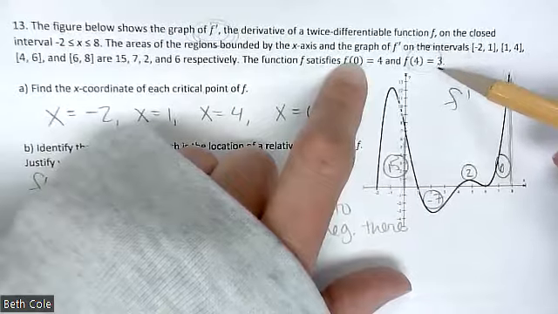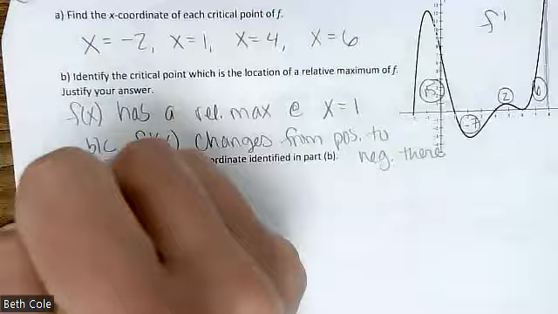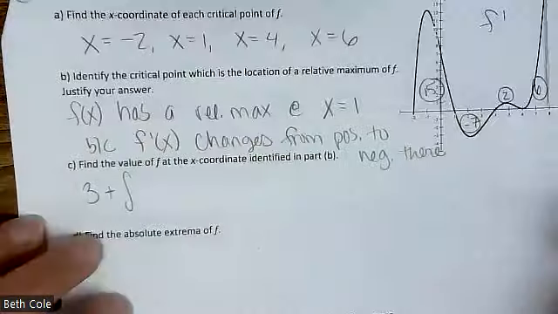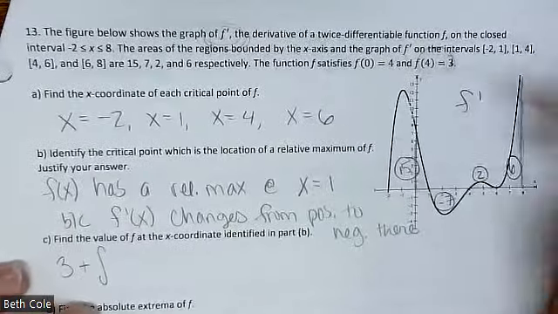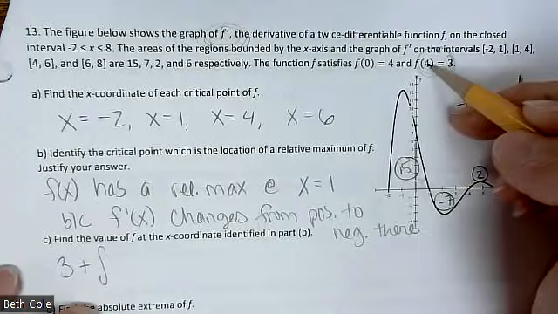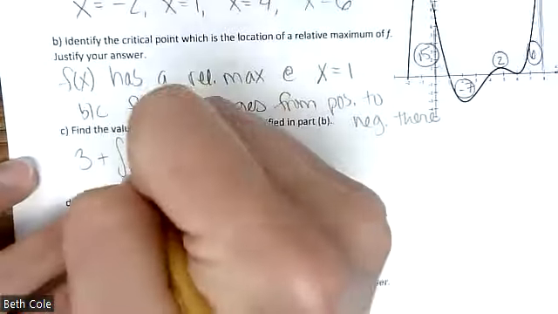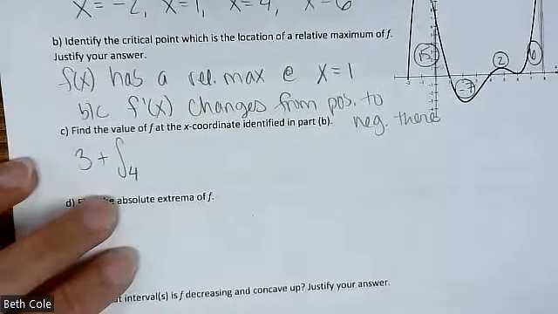So my initial condition is 3. It's going to be 3 plus the integral from 4, which is where it's starting. Are you guys seeing what I'm pointing at there? All right. From 4 to where are we trying to get to?